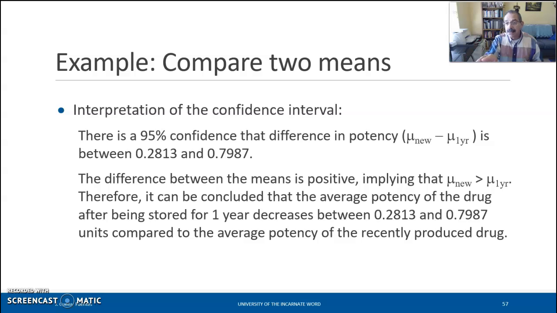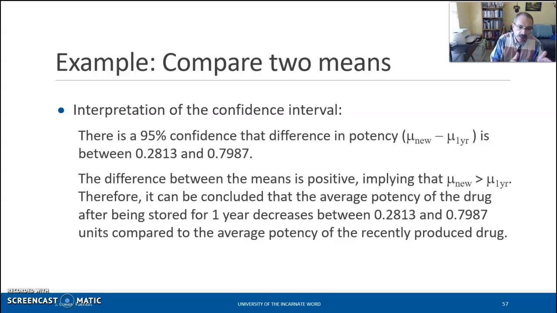So the difference between the two averages is positive, which means the potency when they are newly produced is higher than the potency after 1 year of storage, because the results under the confidence interval, both numbers are positive. So then we can say that the difference between the means is positive, implying that the mean potency after production is higher than the potency after 1 year.